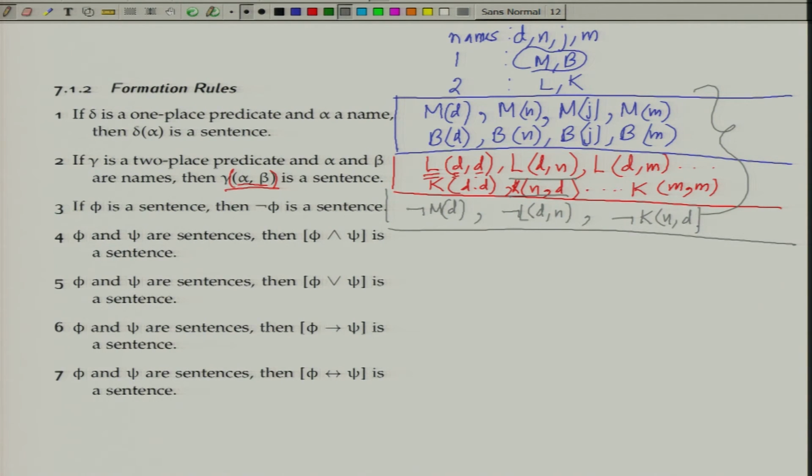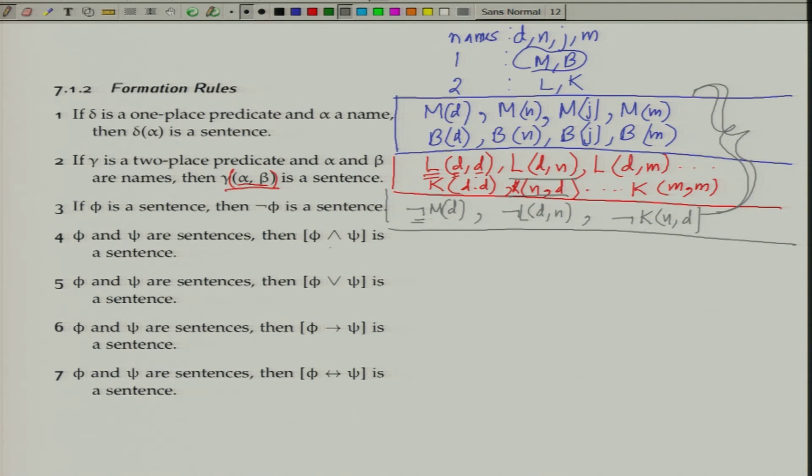These are actually the base steps of our recursion, and this is the first recursive step. Now notice that this is a monadic operator. This can take just one sentence. It cannot take more than one sentence.